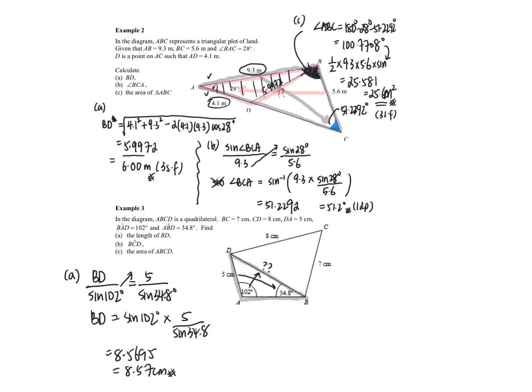Okay, quickly write on the diagram in case you miss the info later. 8.5695. Okay, now I want to find the angle BCD. So I must obviously look at the other triangle now. So what rule should I use now? Cosine rule, right?